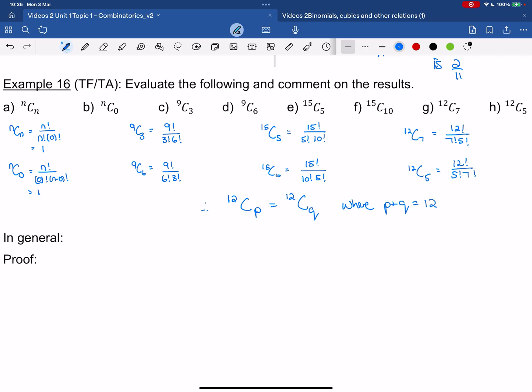Okay, so in general, nCP will be equal to nCQ, where P plus Q is equal to n.